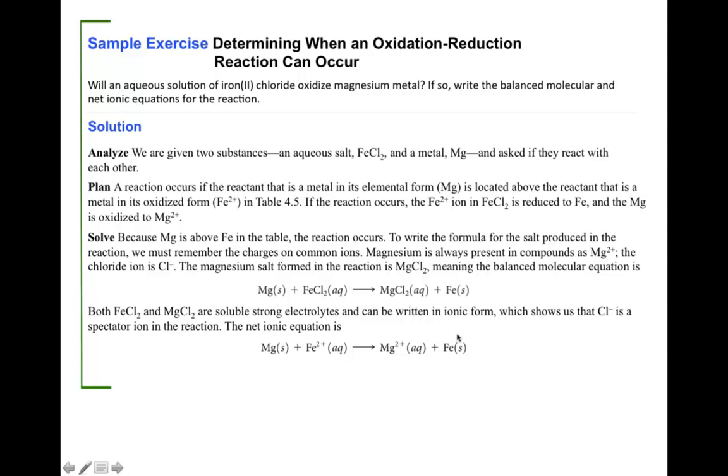The oxidation number of iron here, in an elemental state, is 0. So it went from plus 2 to 0. That's the reduction. So we can see here that we have the half reaction of the oxidation by magnesium and the half reaction of the reduction by iron.